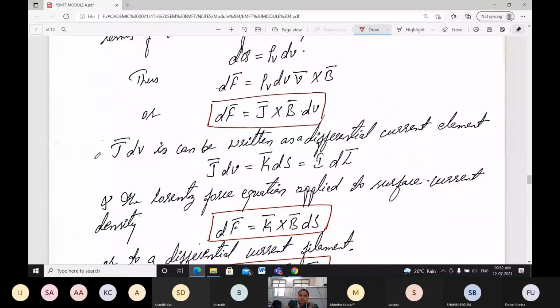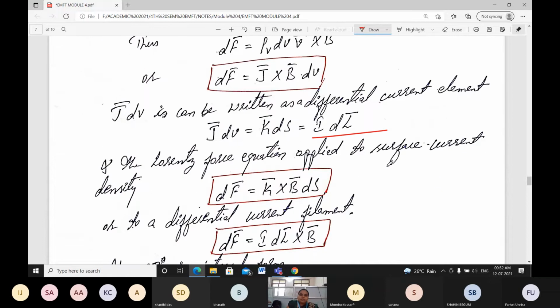Then J in the current density equation can be written as a differential current element. Therefore, I can write J dV as K dS, that is nothing but I dl, the differential current element.